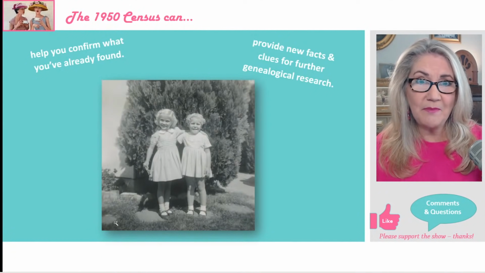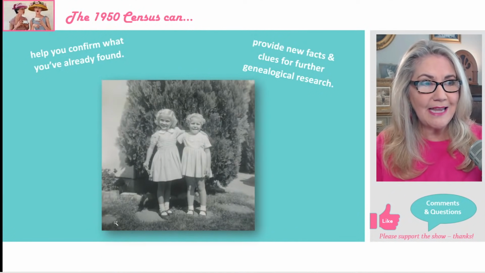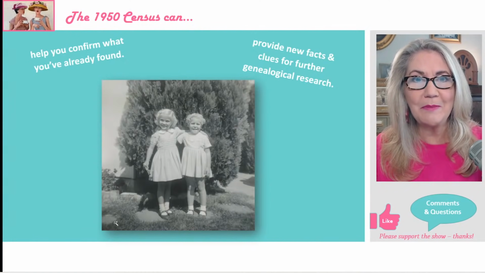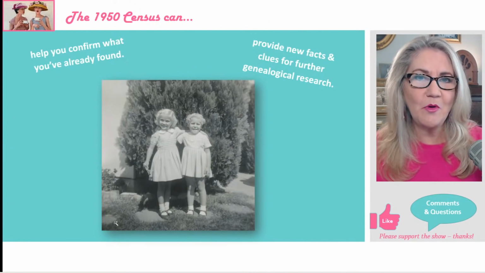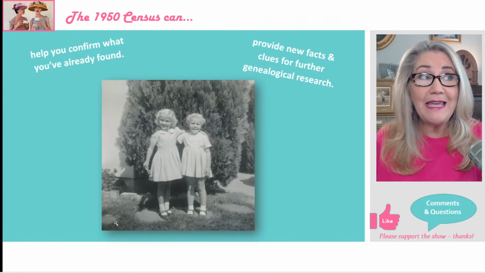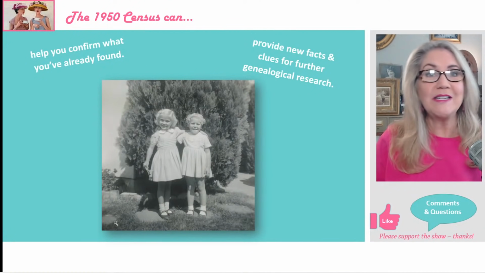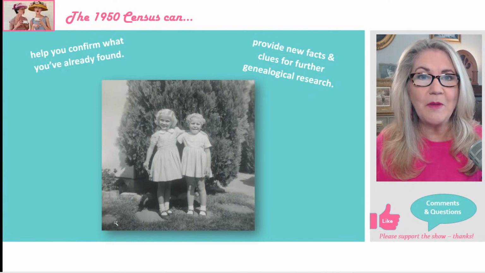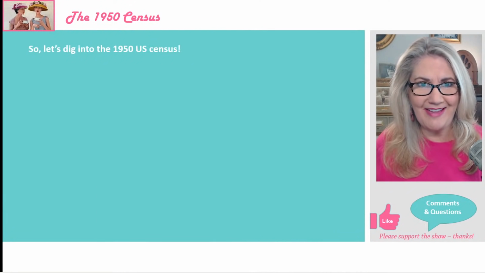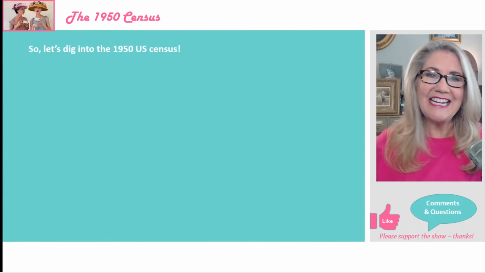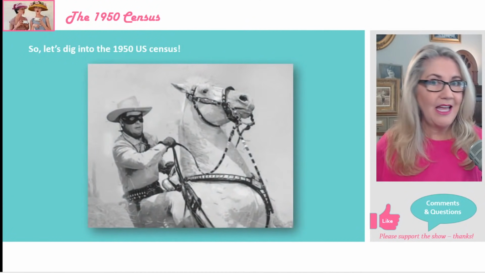And we don't want to just stop there, do we? We want to be able to take that and say, now I know what I'm looking for, and go find more evidence that backs it up or maybe expands that information. There's only so much they could capture on a census form, so we want to make the most of it.